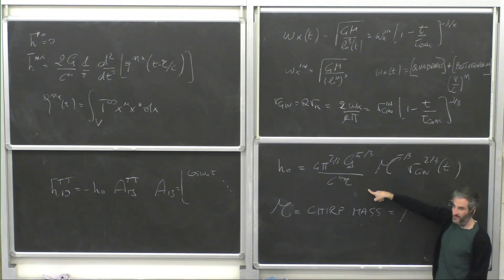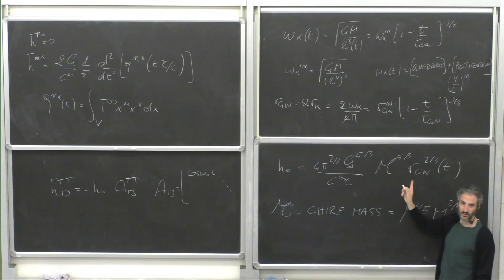So the amplitude of the gravitational wave depends on the chirp mass and on a time-dependent frequency. Yes, this is the gravitational wave frequency.